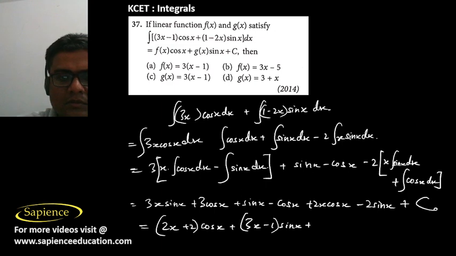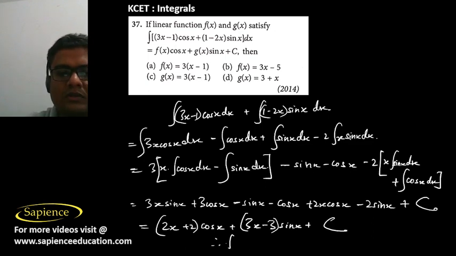It's minus 1 minus 2, that is minus 3, so 3x minus 3 into sin x plus c.